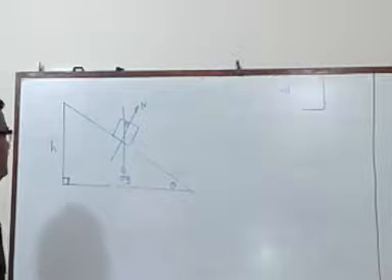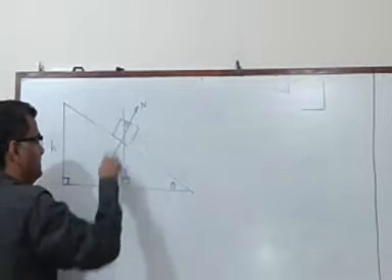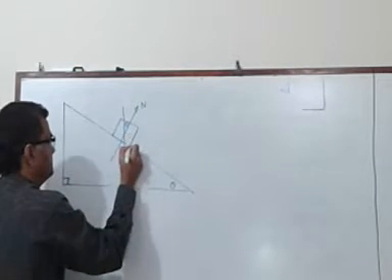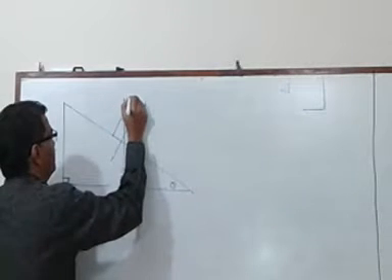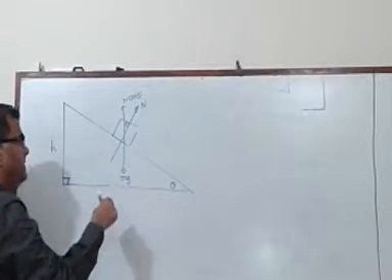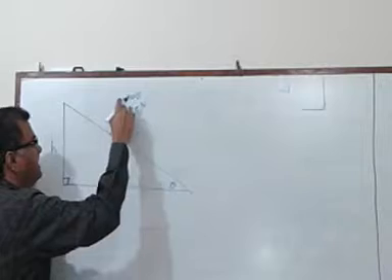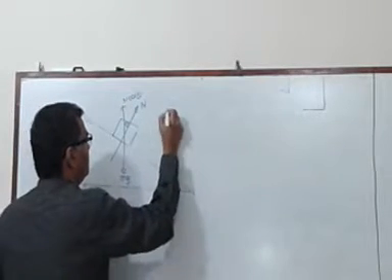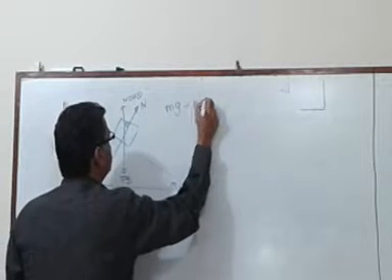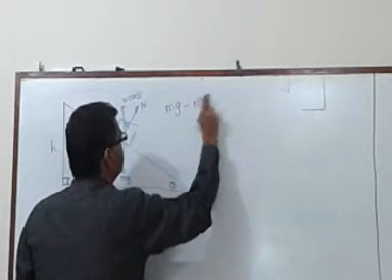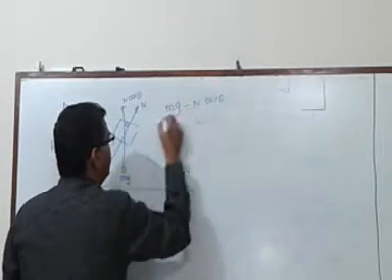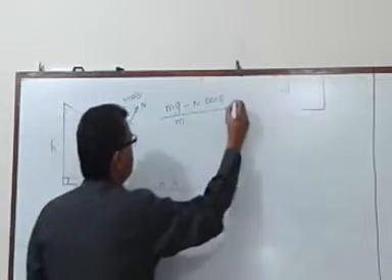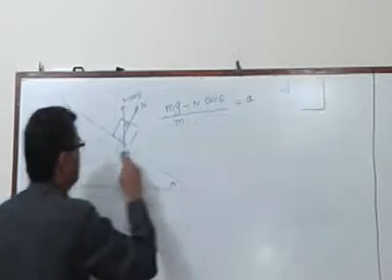Let us consider the vertically downward component of the block. As before, let me resolve this as N cos theta. Please note that there is a downward acceleration which will be given by, what will be the downward force? The downward force will be mg minus N cos theta, divided by mass gives you the downward acceleration of the block.